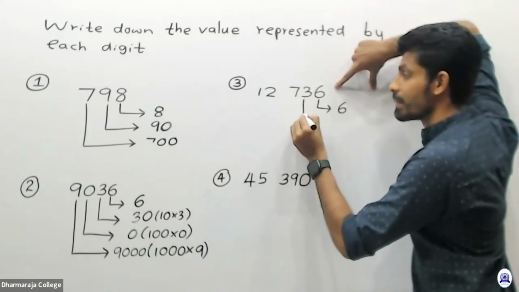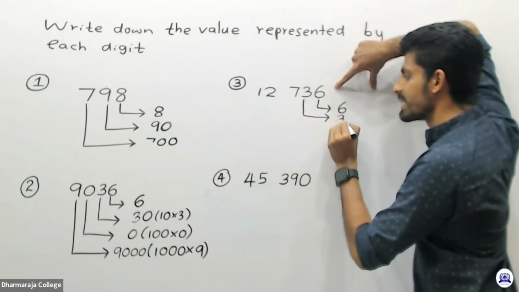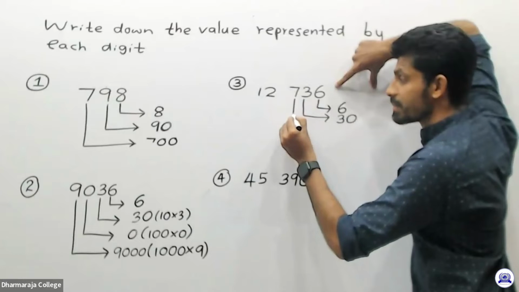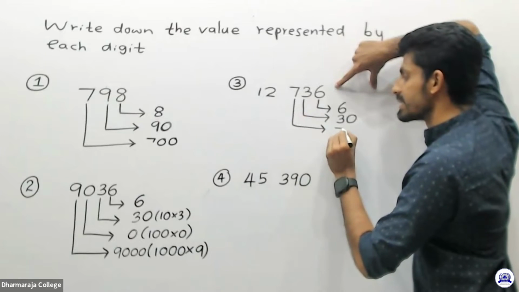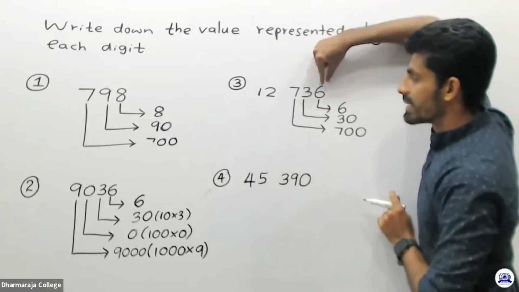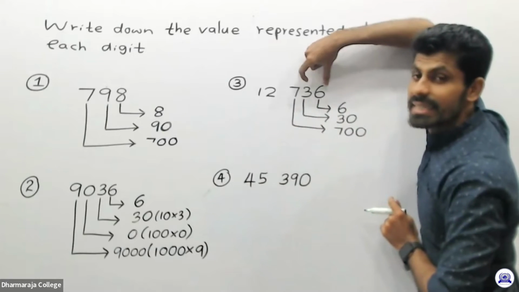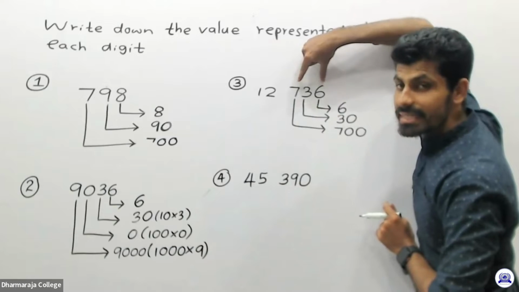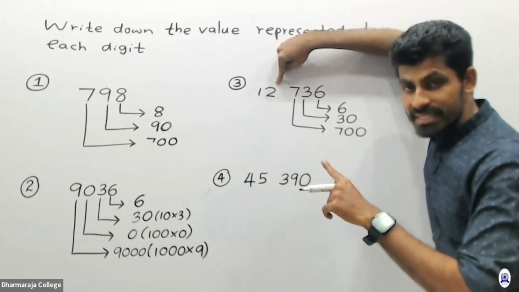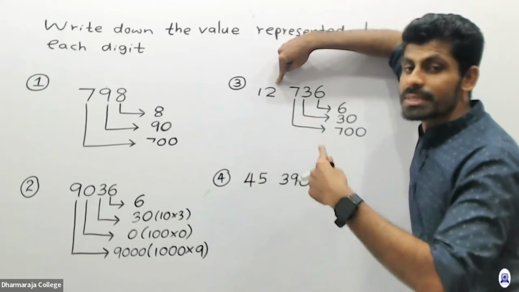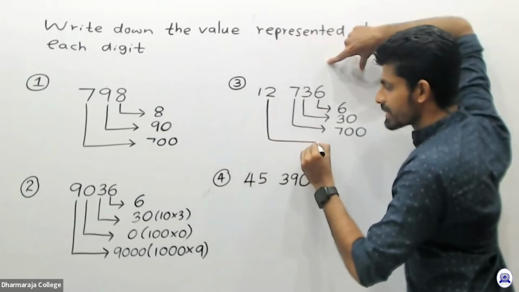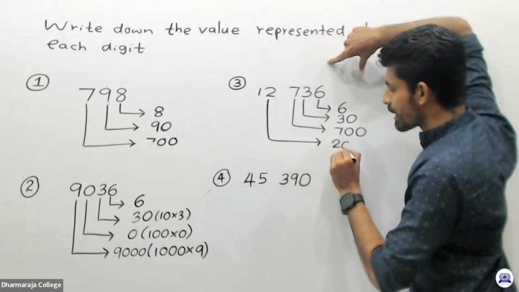Then what is the value represented by 30? What is the value represented by 7? 700. This one, thousands. 1000 into 2, 2000. The value represented by 2 is 2000.